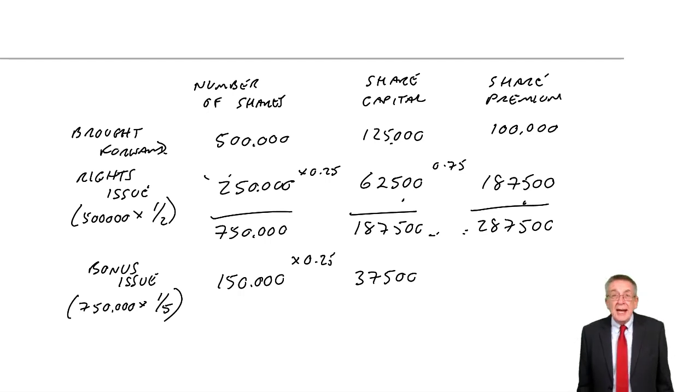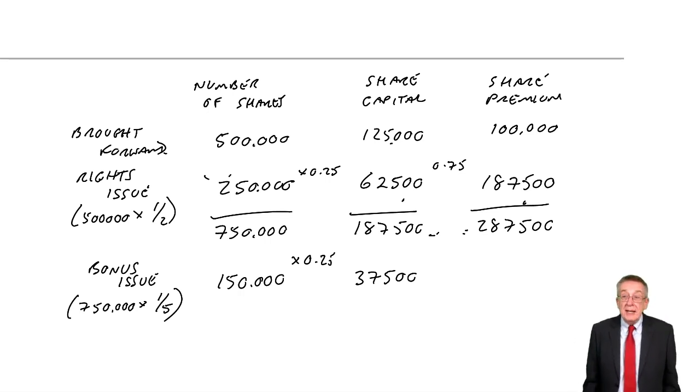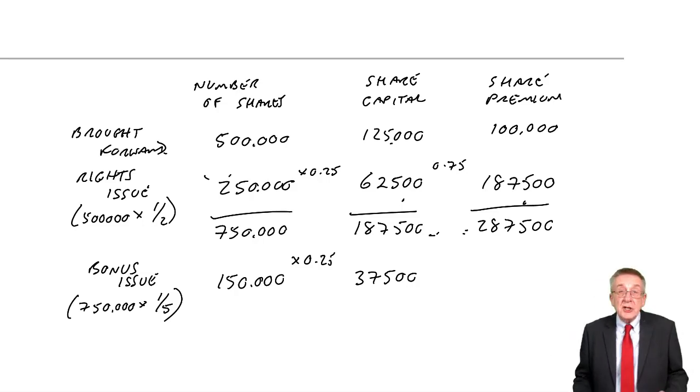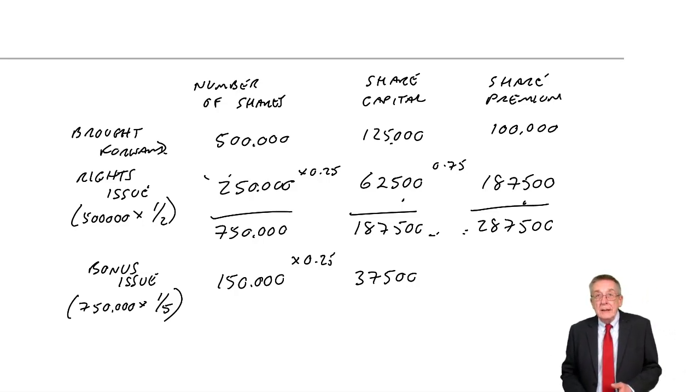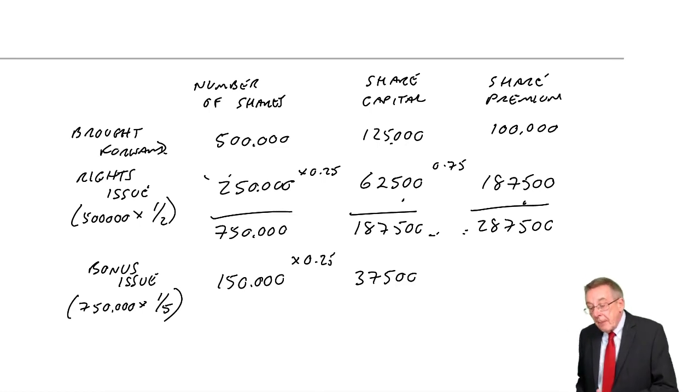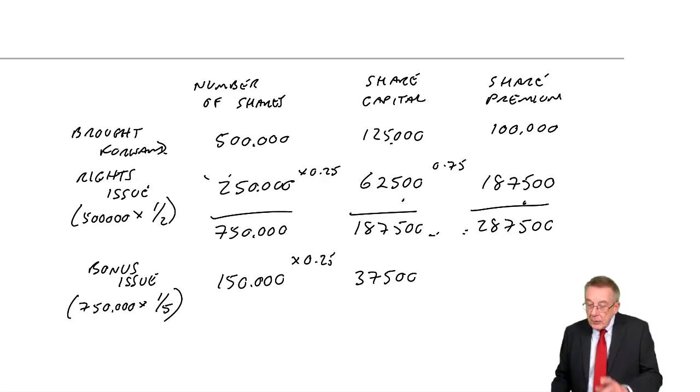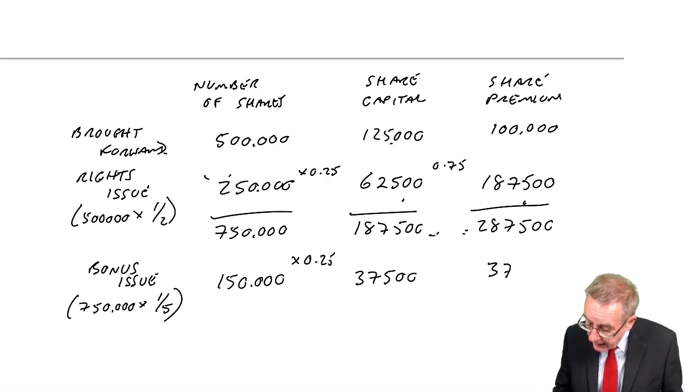We've given them free shares. Again, they haven't paid anything for them, so the total owing can't change. And so, although we must increase share capital because there are more shares, we decrease the share premium.